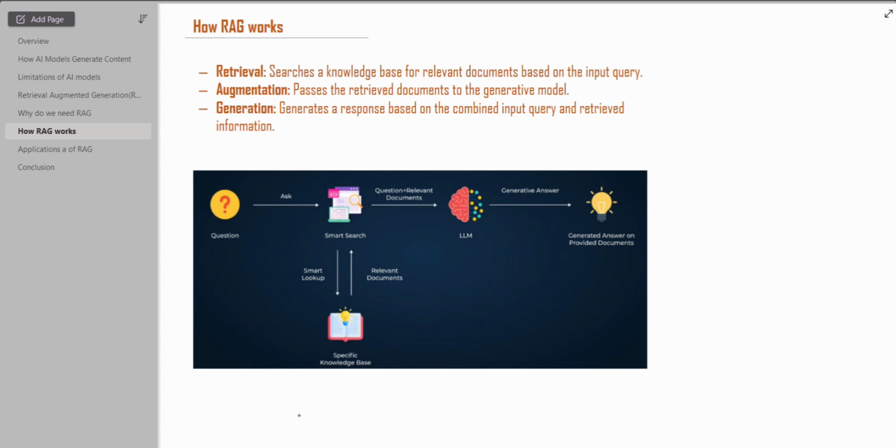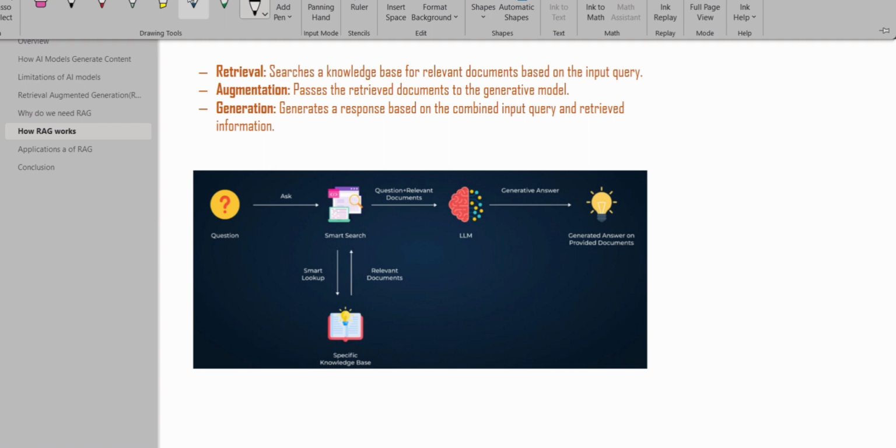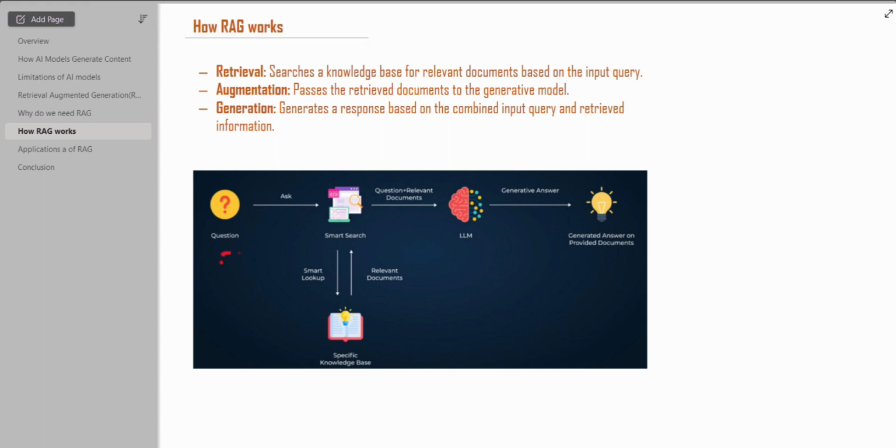Let's understand this with this diagram. So if you see, this is the user question. Smart search is nothing but our information retrieval system, I'm typing it as IRS.